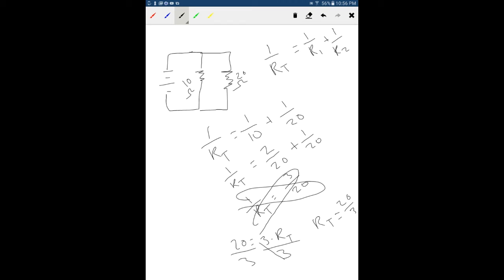What is 20 divided by 3? I can't even do that right now. I think it's 6.6 repeating, so 6 point 6 repeating. It's kind of strange that your total resistance is actually less than either of the individual resistances, but that's the way it works.